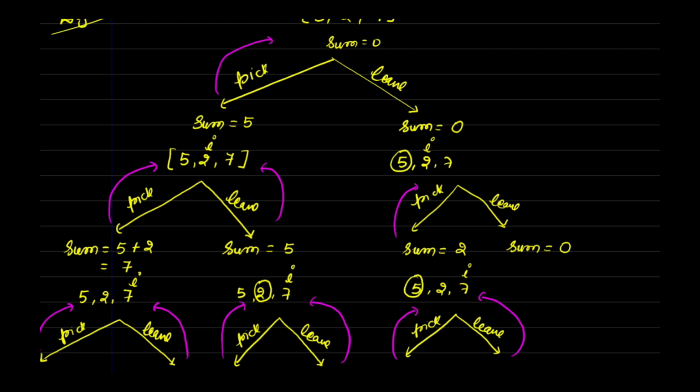Now here when sum was 0 and my index was at 2, my index element is 2 and also we are leaving 2, so we are getting sum 0. So here my array will be 5, 7.